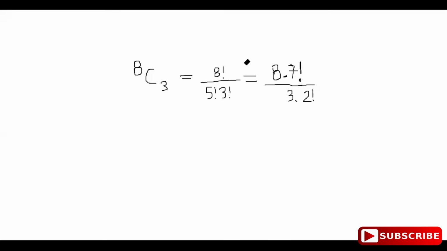Yes, sir. So now, look at this. I can factorize out the 8 over 3 part to get 8 over 3 times, in the numerator, 7 factorial over 5 factorial, 2 factorial. What's 7 factorial over 5 factorial, 2 factorial?